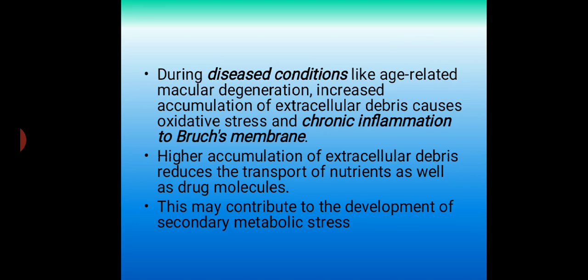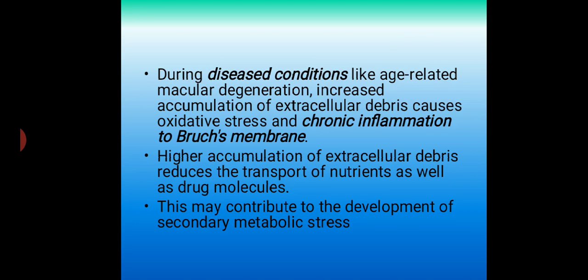Secondly, macular degeneration or accumulation of extracellular debris, any of these can result in chronic inflammation of this membrane. Inflammation of these cells again reduces the transport of nutrients and drug substances, and this may contribute to the development of secondary metabolic stress.